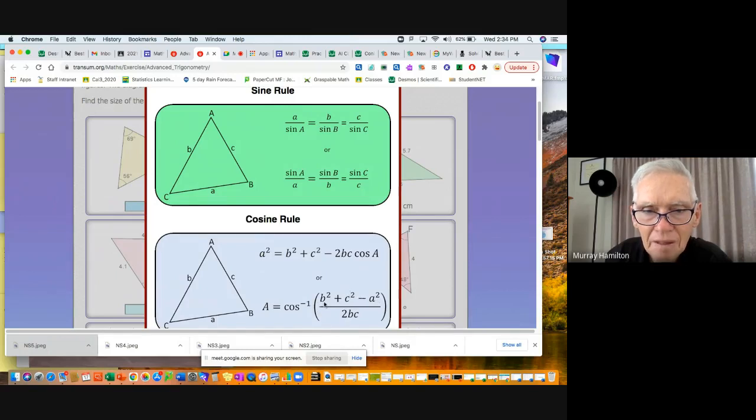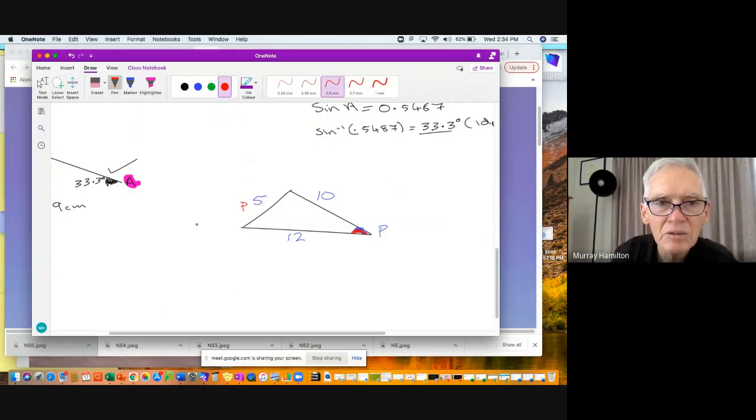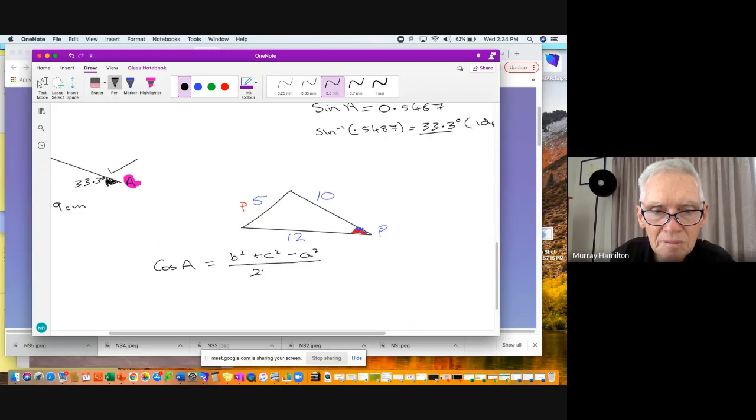So this is our cosine rule here. And it's written a little bit differently here. But normally the cosine rule is written like this. Cosine of A equals b squared plus c squared minus a squared over 2bc. That's how it'll be written in your formula sheet.